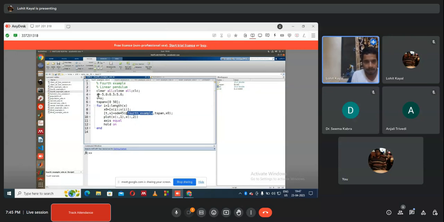Here I have taken some range. This x and v indicate the initial condition. X indicates the initial position, and v indicates the initial velocity. It starts from minus 5, then minus 4.5. So I have taken many initial conditions, and similarly for v.